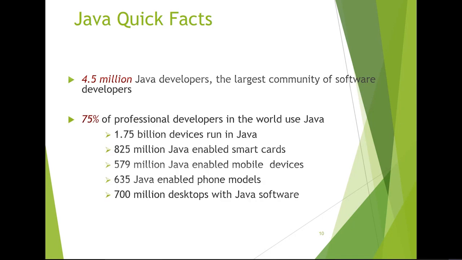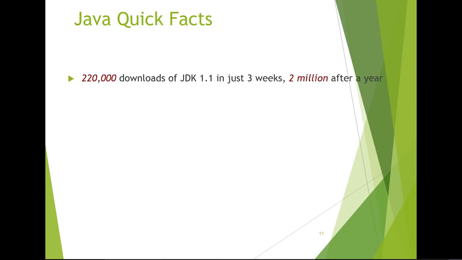So, actually, there are around 220,000 downloads for the JDK 1.1 alone in just 3 weeks and 2 million after a year. So, as of the moment, medyo madami na talaga yan. 2 million downloads for J2EE SDK. Later on, I'll be discussing what is J2EE and what is an SDK.